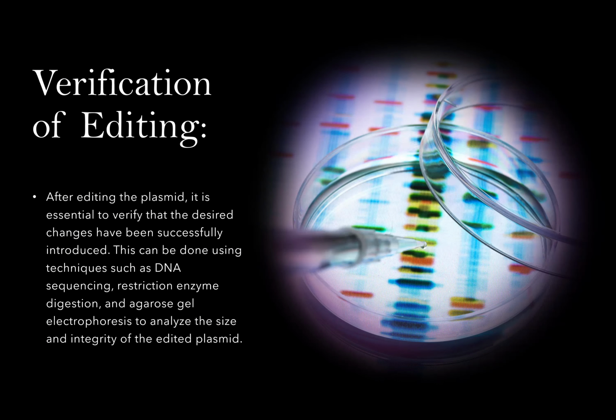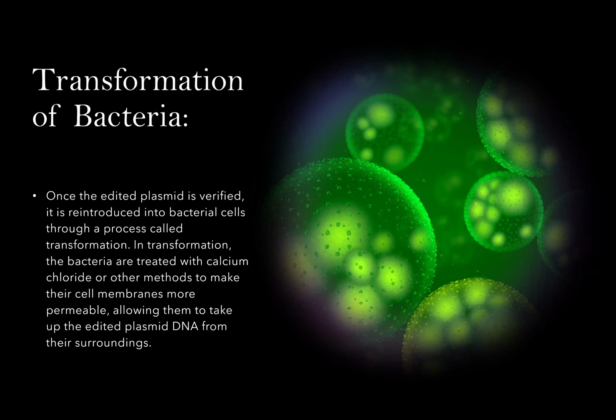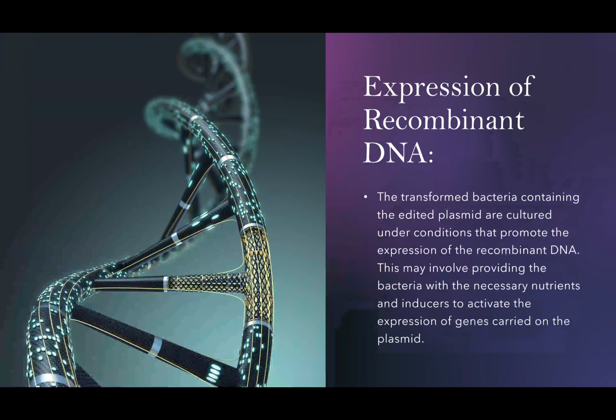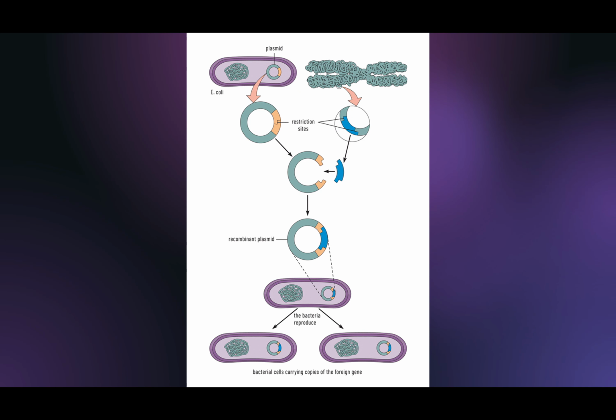This is just a verification process to make sure that we now have the new DNA sequence that we want, through agarose gel electrophoresis. Then we use transformation of bacteria. We increase the permeability of the membrane so we can insert our new plasmid inside the bacteria, and then we selectively grow our new recombinant DNA bacteria. And then we look for its expression. So that's generally what we're doing.